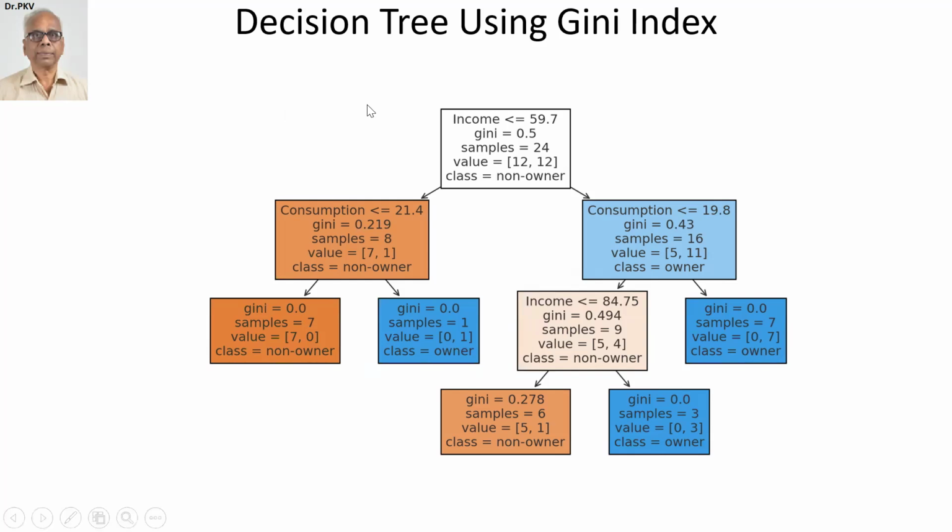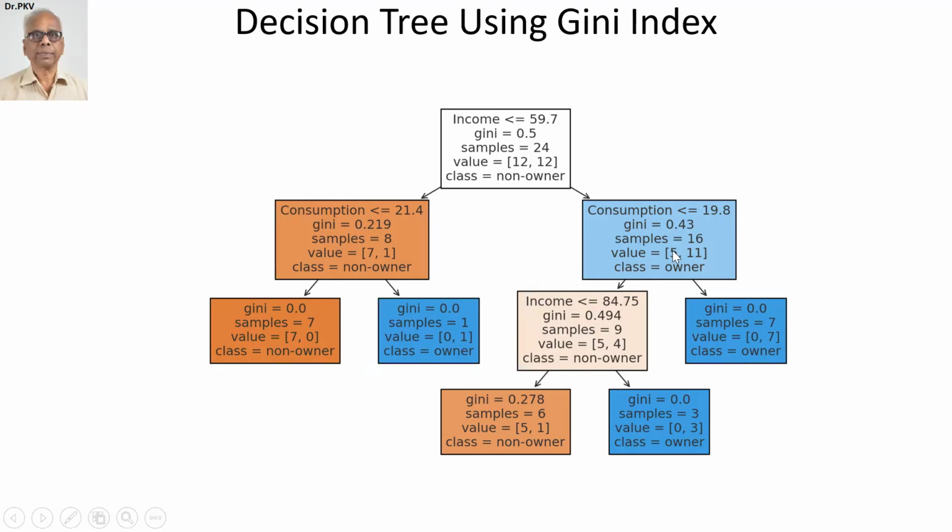Now, I'm asking here, is income less than or equal to 59.7, yes or no. If it is yes, for example, then consumption is less than or equal to 19.8. Then I have a sample of 16. The value is 5, 11.